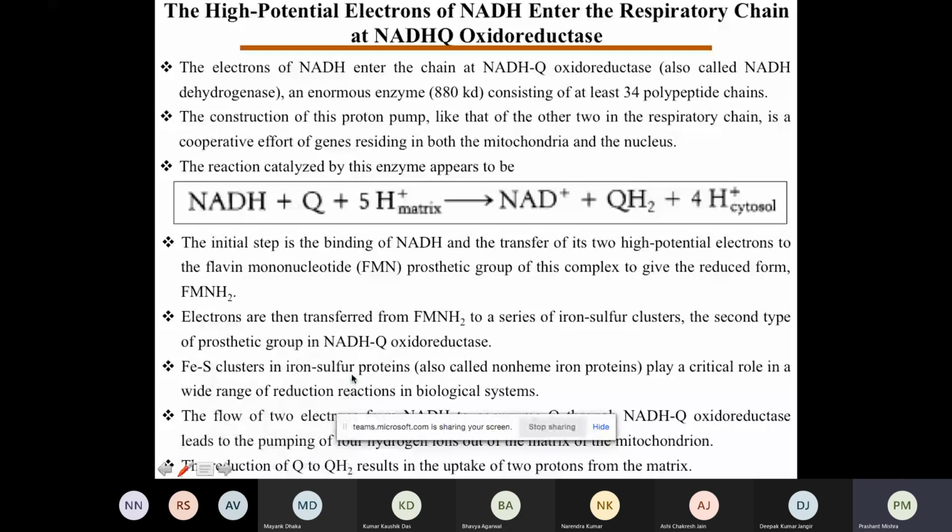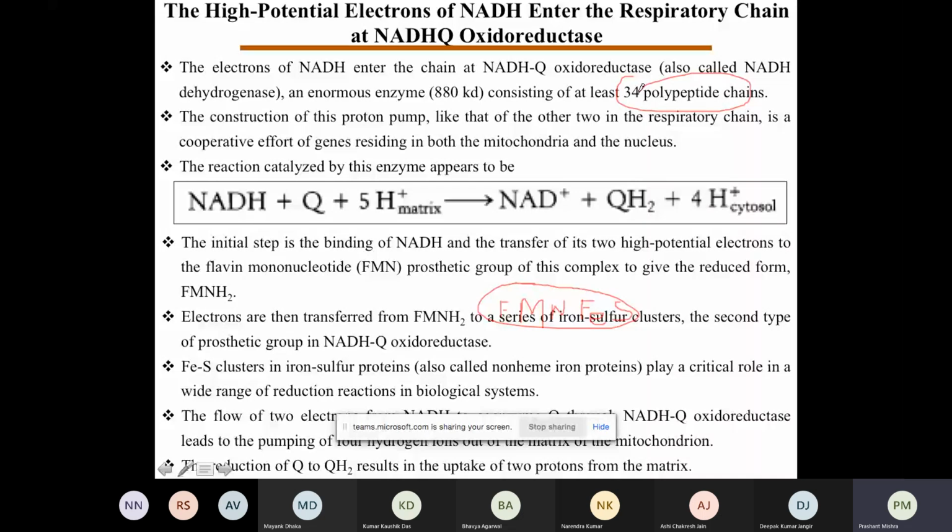Just think that you have a complex, and this complex has FMN, it has a lot of iron sulfur clusters, and all of them together make up 34 polypeptide chains. So there are 34 small chains.